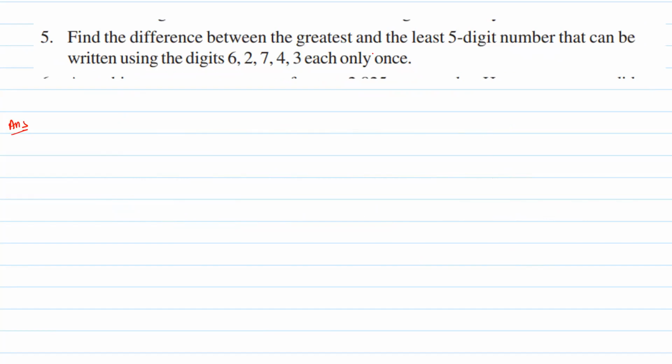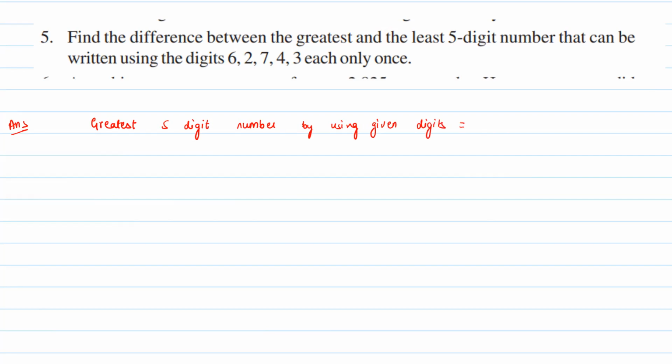Coming to the fifth. Find the difference between the greatest and the least 5-digit number that can be written using these digits. So you have to write the number using these digits. So the greatest 5-digit number by using given digits, you can just write it like this.